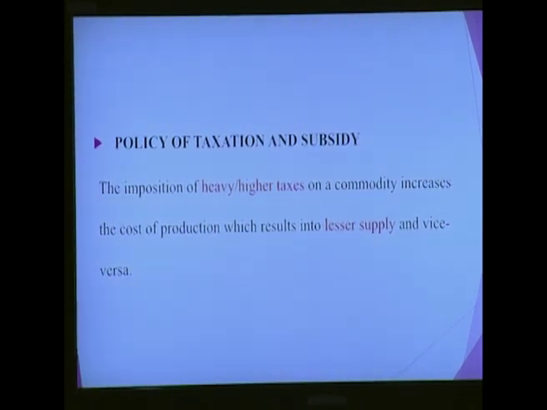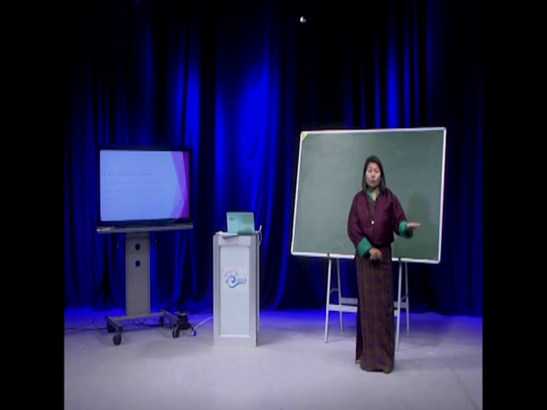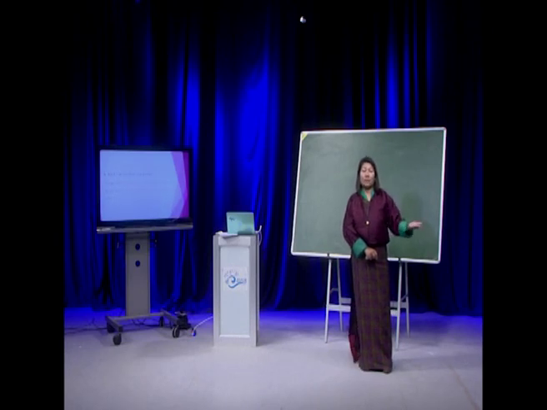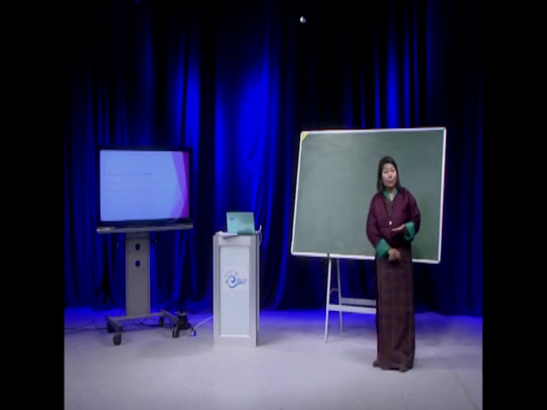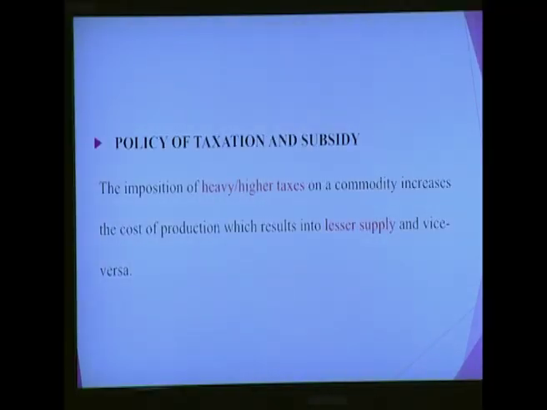Because when you pay a high tax, the firm has no choice but to increase the price of the goods and services it produces, so as to make up for the tax you pay to the government. So when a high tax is imposed, supply obviously will go down.